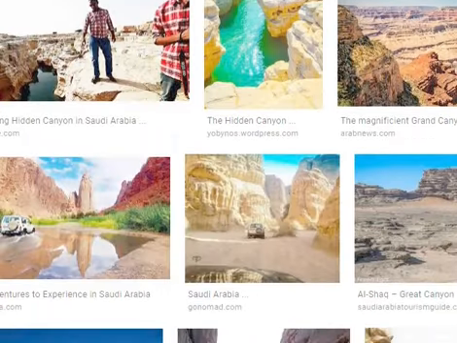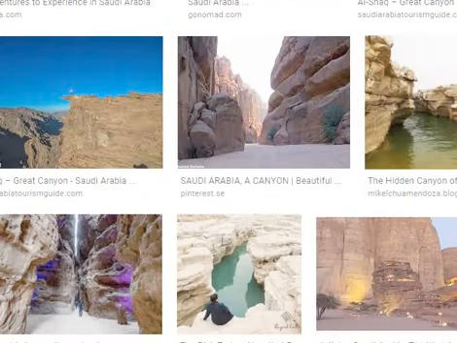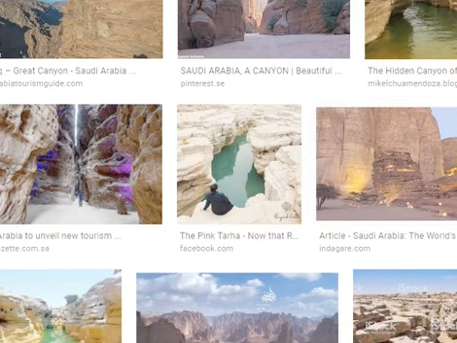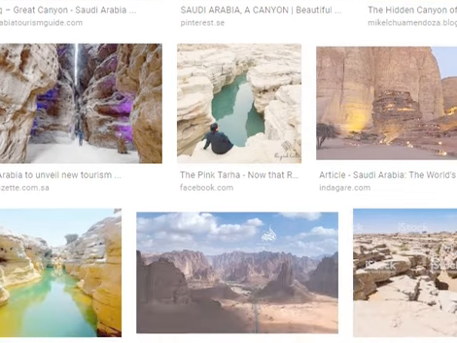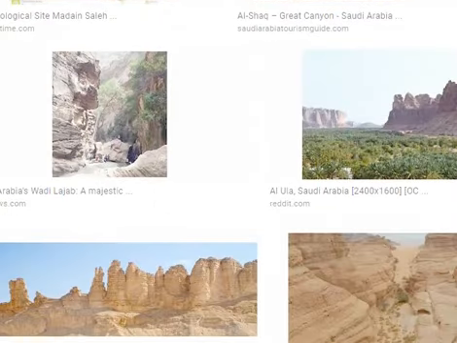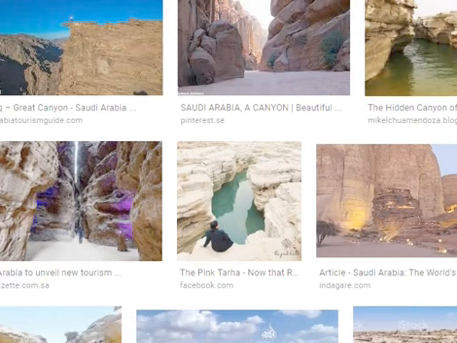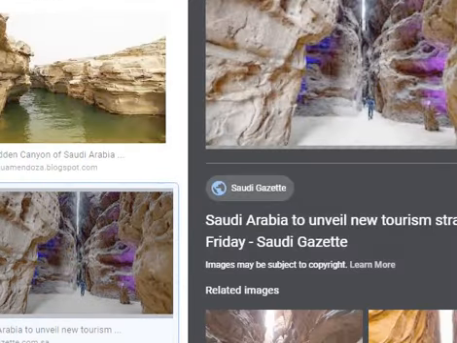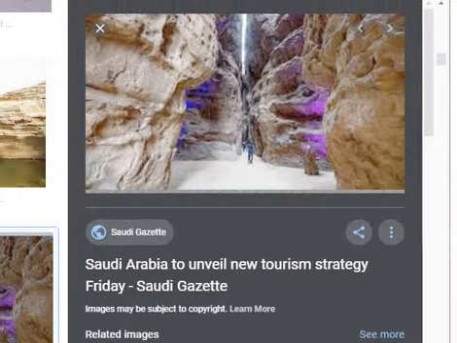So this is a canyon in Saudi Arabia. I visited one place in Al-Hassa. I forgot the name of the place, but that is a canyon. This is in Al-Hassa. This is an example of a canyon.